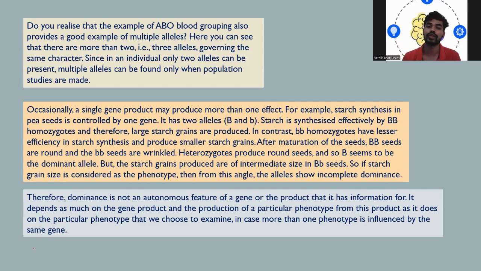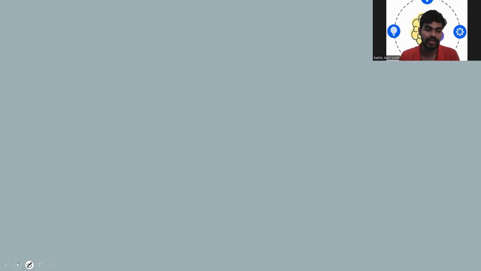Clear? So this was all about incomplete dominance and codominance. In this video, we understood that not every time will the dominant character dominate over the recessive one.